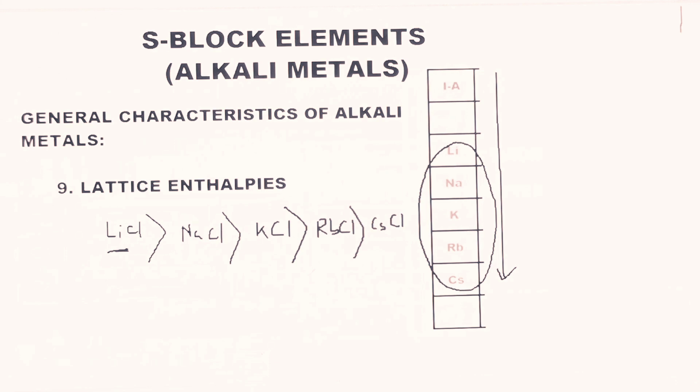So less energy is required to separate the compound, because they are already separated by a large distance, in the case of alkali metal ions of larger sizes like cesium or rubidium.